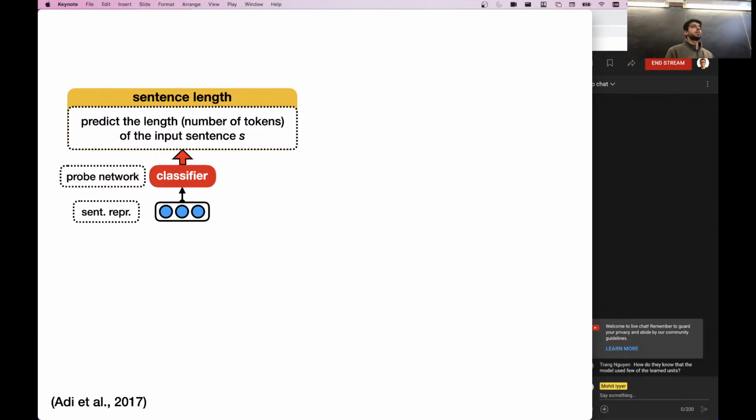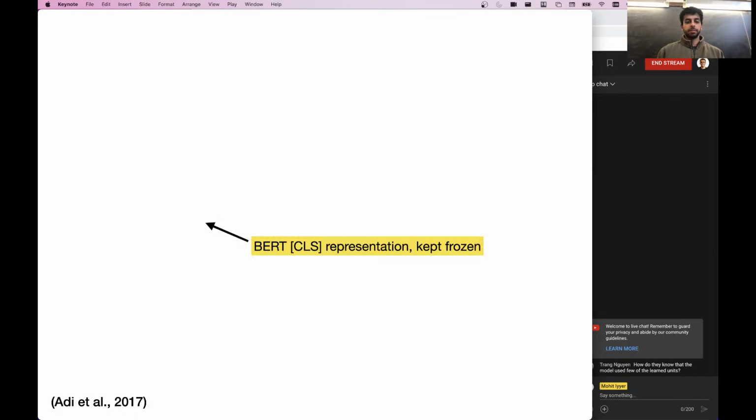Like all sentences that are fewer than 5 tokens, sentences from 5 to 10 tokens, sentences from 10 to 15, and so on. I could also formulate this as a regression problem where you're trying to predict from this representation exactly the number of tokens that is present in the input. Regardless, I would use the same setup with this fully connected layer and then either a cross entropy loss for classification or something like a square loss for regression.